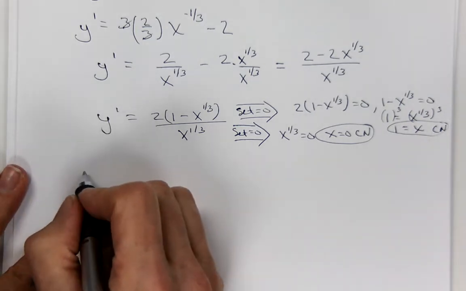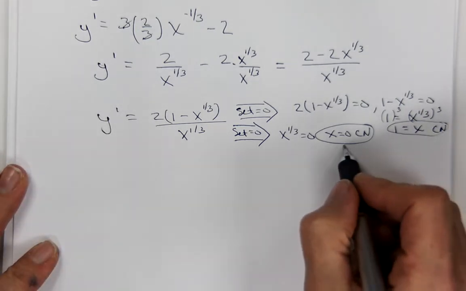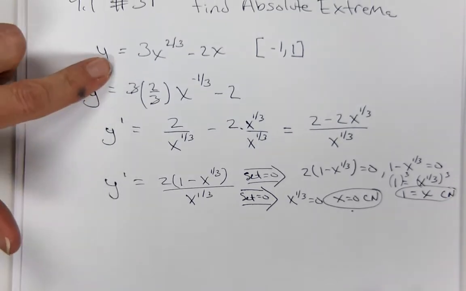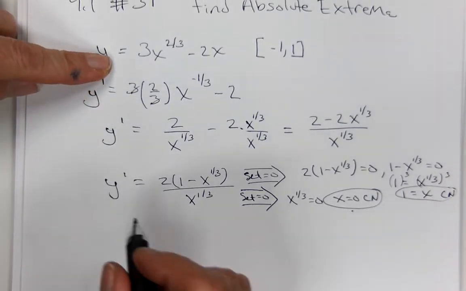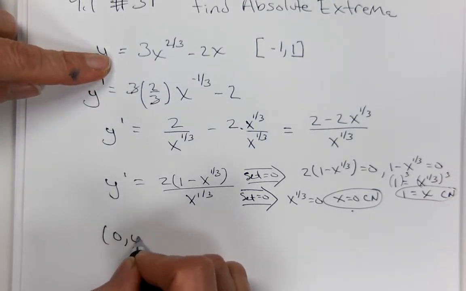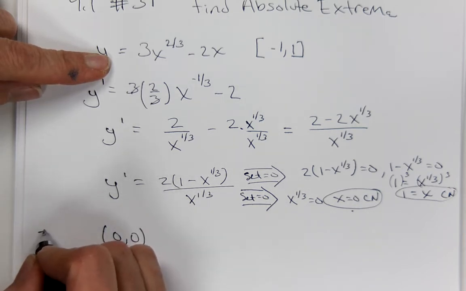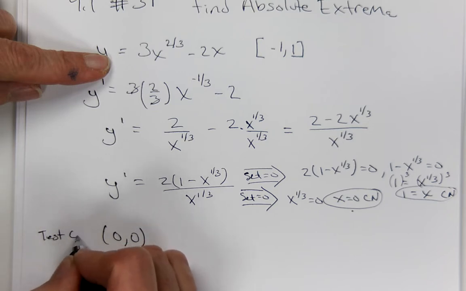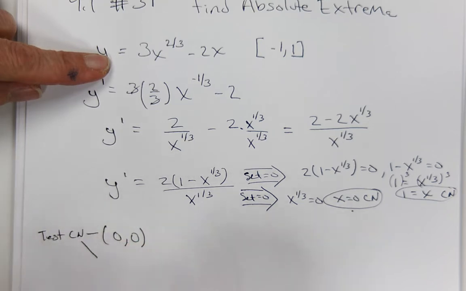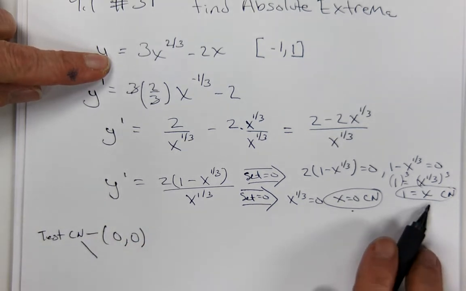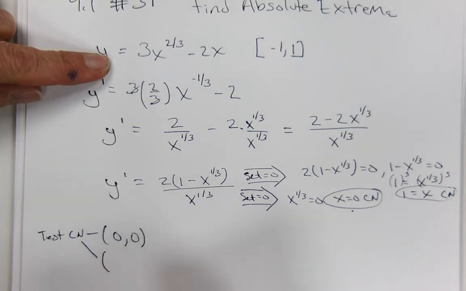So when we put x equals 0 into the original function, you're going to have 0, 0. So you're testing your critical number. And in this case, we have 2 of them. And now I'll put 1 into the function to find the corresponding y value.